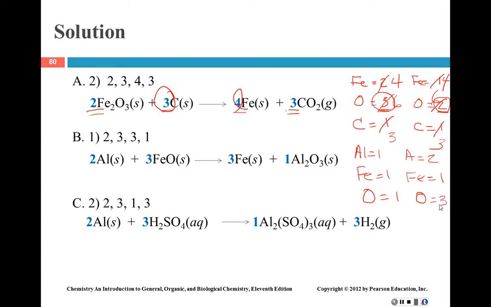Alright, and I can do that same thing again. So whichever thing has oxygen in it, I'm going to multiply that by 3, and the other one I'm going to multiply by 1. So that gives me 3 on both sides.